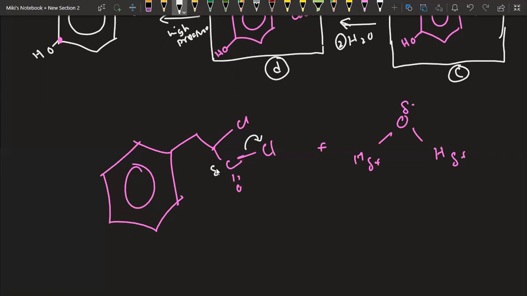That means a partial positive charge will be created here, and oxygen will become partial negative, because the bonded electron was taken by chlorine. So chlorine got separated, and one of the hydrogens from the water also broke and came out.